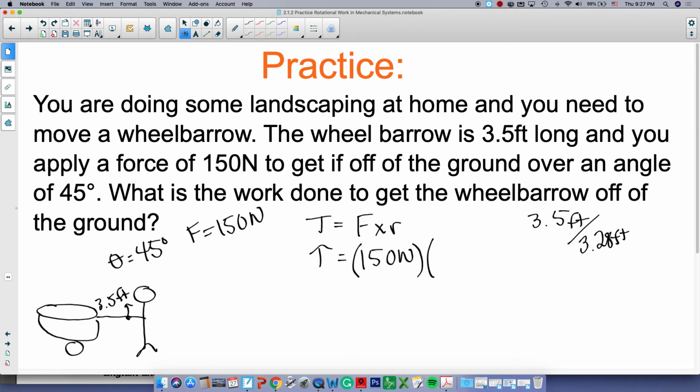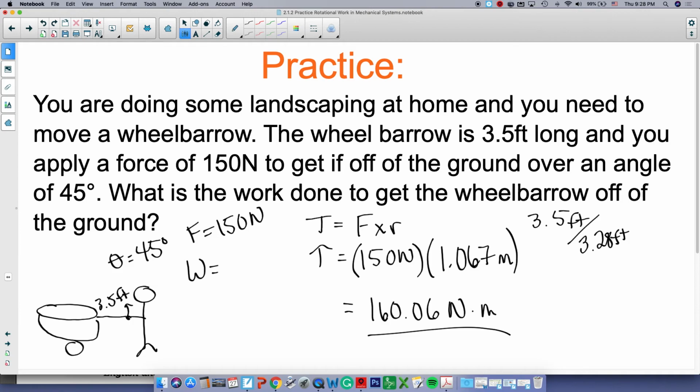So times 1.067, let's throw our meters in there. And then we get a torque of 160.06, and that's Newton meters.